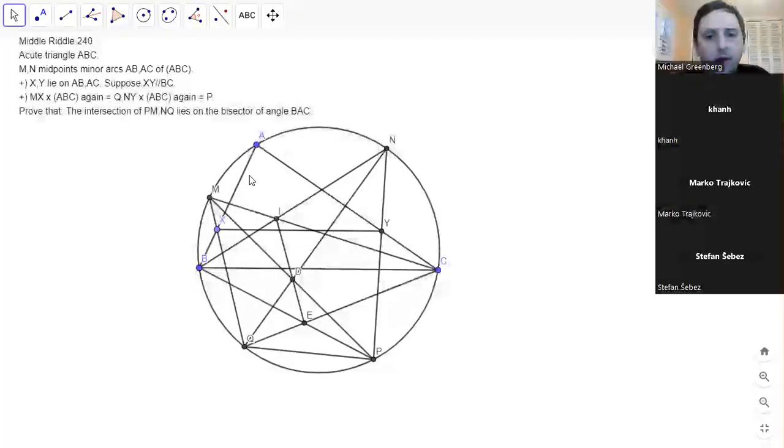We have sine of EBC is actually sine of PAC, and sine of EBA is sine of PCA. So that ratio is equal to PC over PA, which is YC over YA. Okay. So we do the same thing.